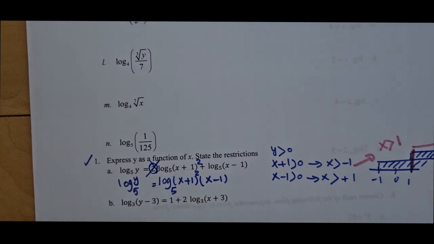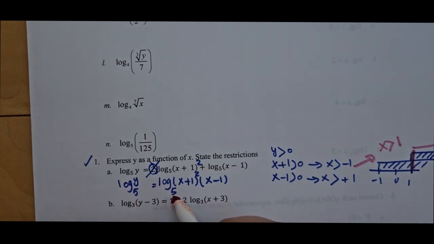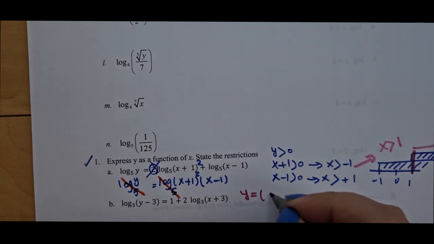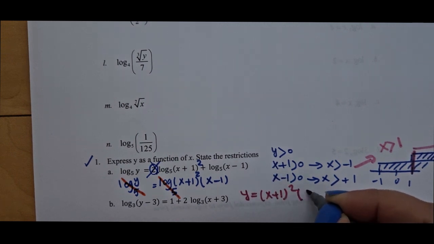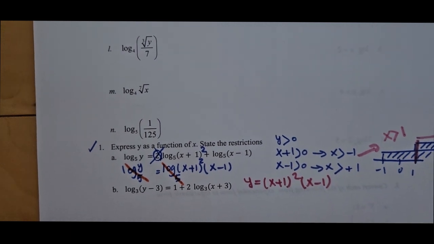Okay, so you have one log on this side, one log on the other side, and both of them have the same base. So because both of them are log base 5, you can just get rid of the logs and say y equals x plus 1 to the power 2 multiplied by x minus 1.